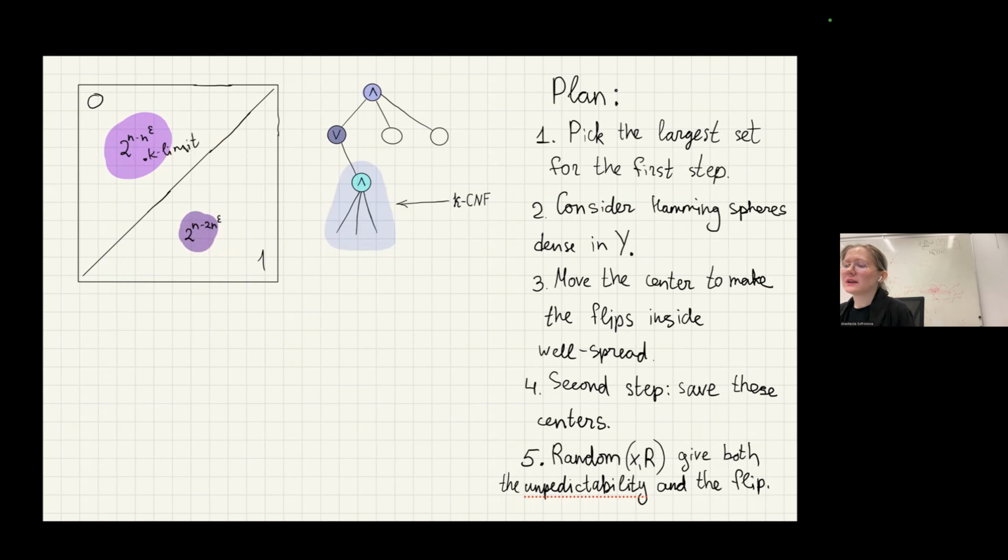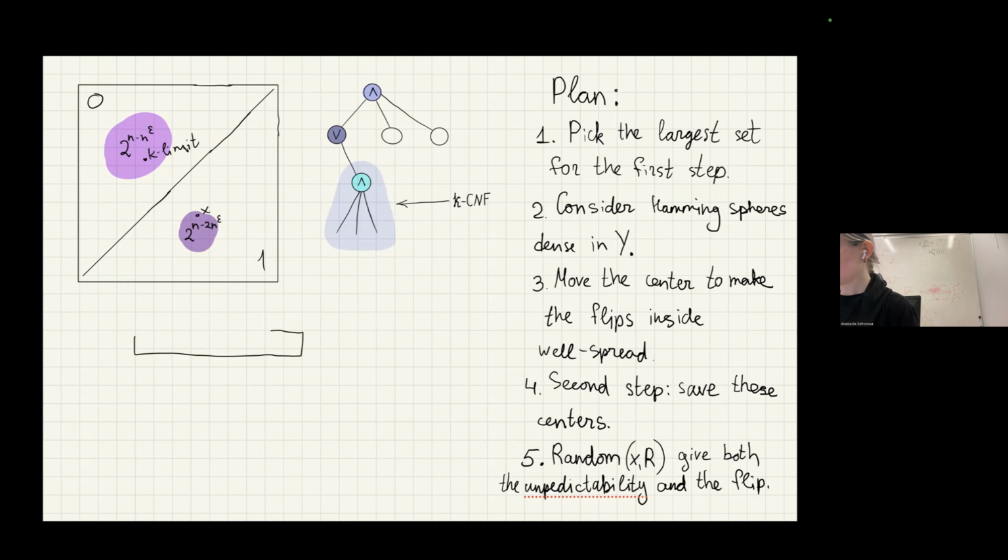And how do I do this? I can actually take any center of the sphere that I have here. And then I can do this. I'm taking this. Oh no, I cannot take any center of the sphere. I need this to be a point where most of the blocks are unpredictable, but this is true for most of the points. Let me just draw this again.